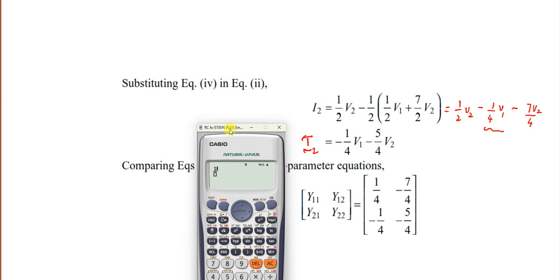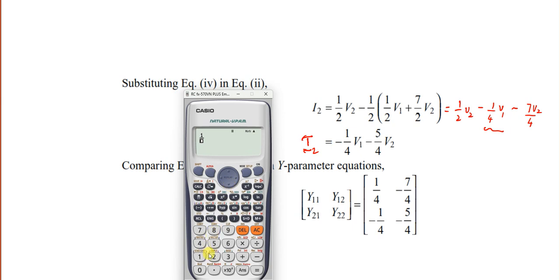So 1 divided by 2 minus, so for minus you have to right click this one, minus half minus 7 by 4. Again this is to write like this. So you have to use the calculator like this. If you use an old calculator, this option is not there. So only for this exam, better you practice and take this calculator for the exam. In the old version, it is not there. So it is minus 5 by 4.